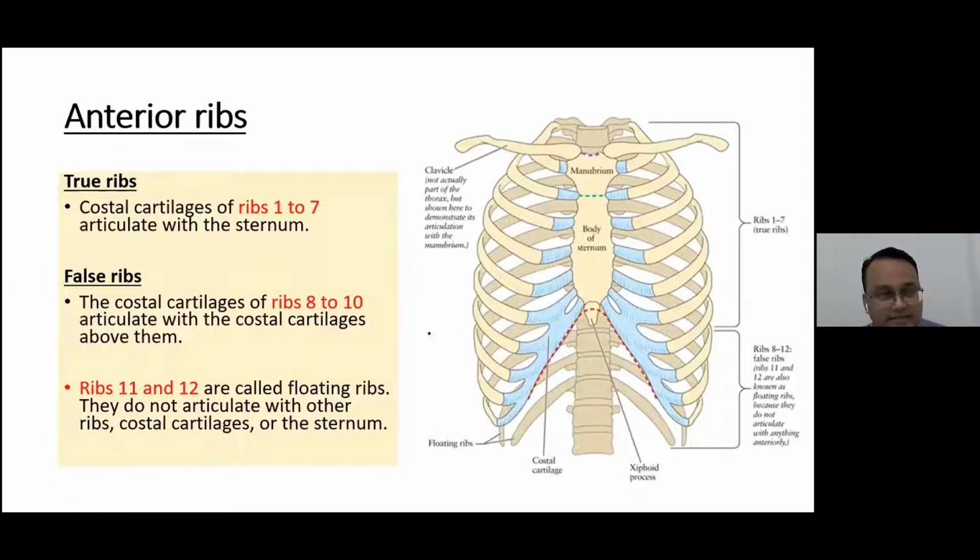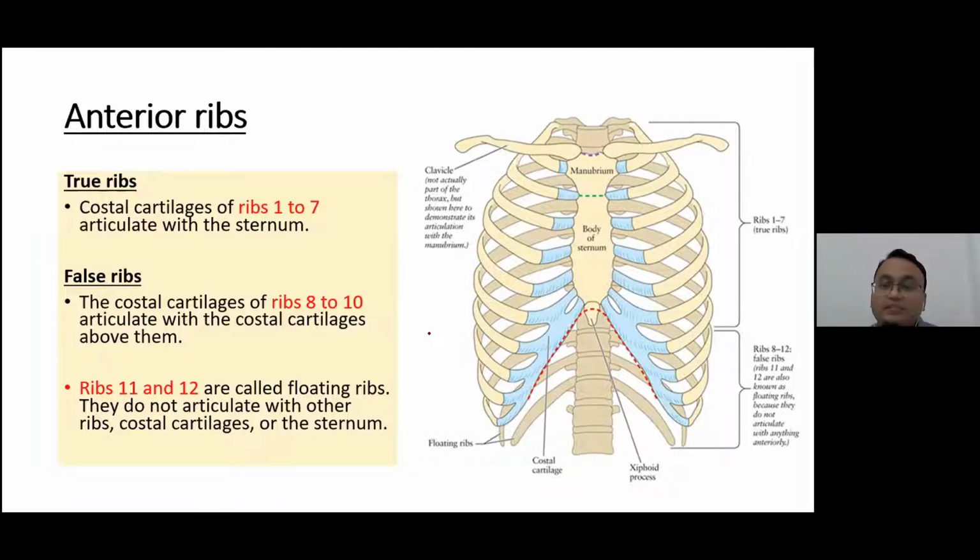Okay, just a little bit more on the ribs themselves, right? When you're looking anteriorly at all these ribs, anatomists divide them into true ribs and false ribs, right? What's the meaning of this? The true ribs are ribs that actually connect, via the costal cartilage, directly to the sternum, right?